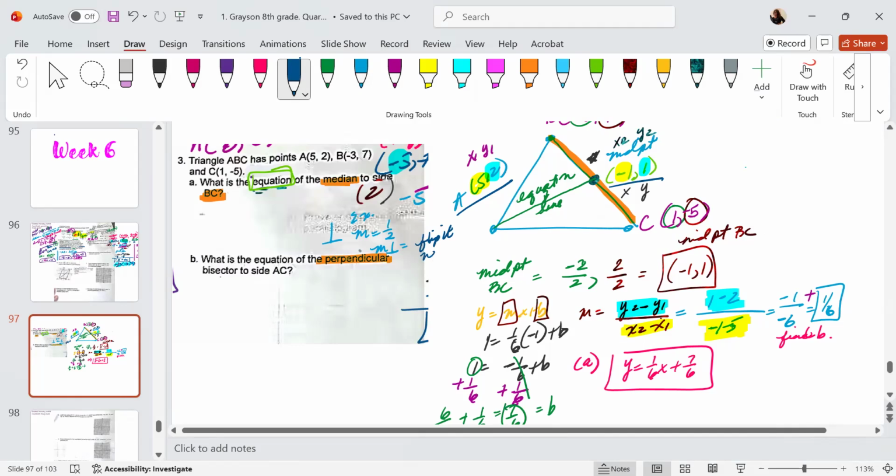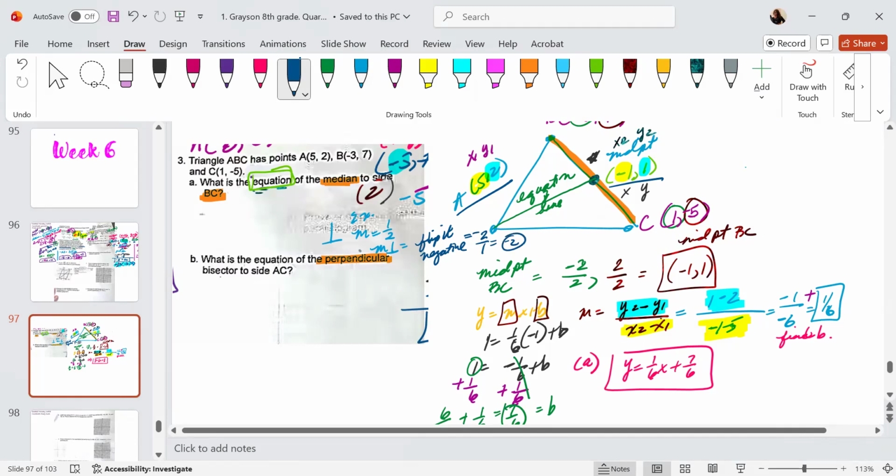Remember to flip it and put a negative to it, remember? So if I flip 1/2, what would that be? 2. And then what's the opposite of a positive? -2. Do you see that?